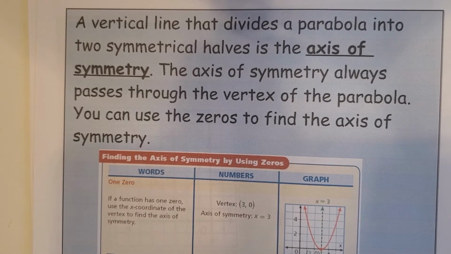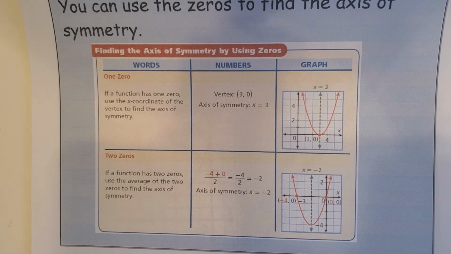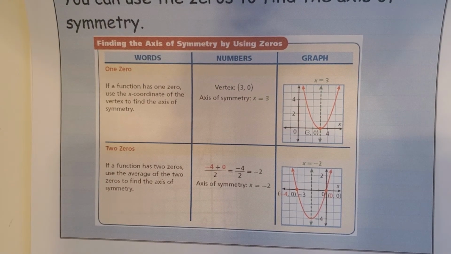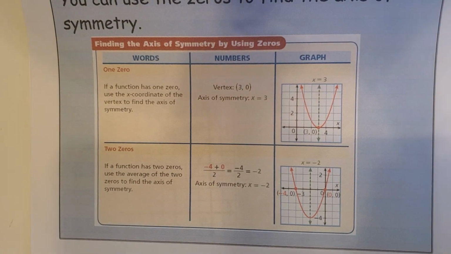The axis of symmetry is a vertical line that divides a parabola into two symmetrical halves. As I said, it always passes through the vertex of the parabola. And again, we're mostly talking about things from a visual perspective. They talk about two ways to do it.